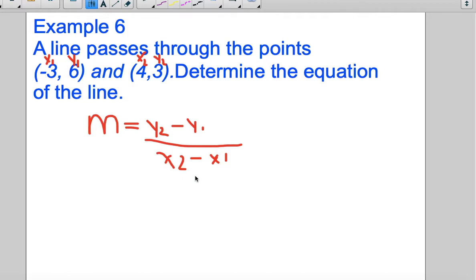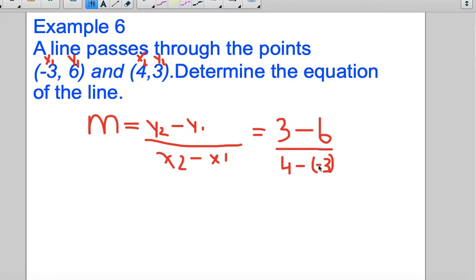So you're going to sub in the points into this equation. So our y2 is 3 minus our y1, which is 6, divided by our x2, which is 4. This is where we get a little tricky. Minus our x1 value, which is -3. So don't just write -3 here.